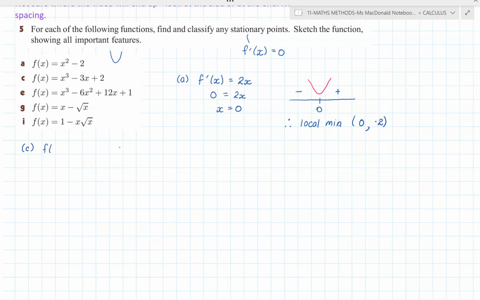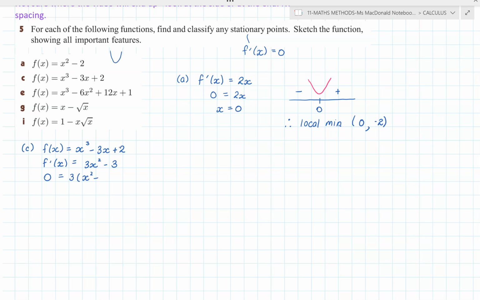Okay, I will now write the function since it's a little bit far away. x cubed minus 3x plus 2. To find our stationary points, we first need to find the derivative. So 3x squared minus 3, and we are solving for when the derivative equals 0. I can already see that there's a common factor there, so I'm going to pull that common factor out.